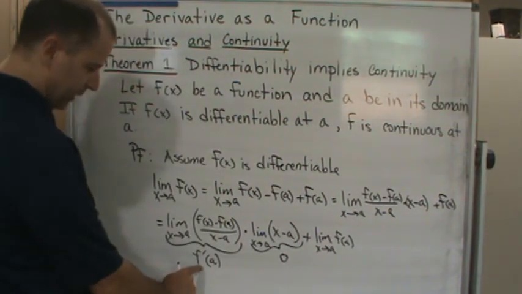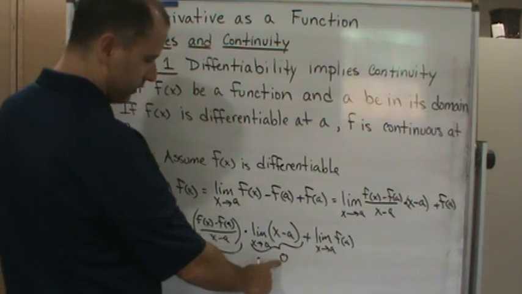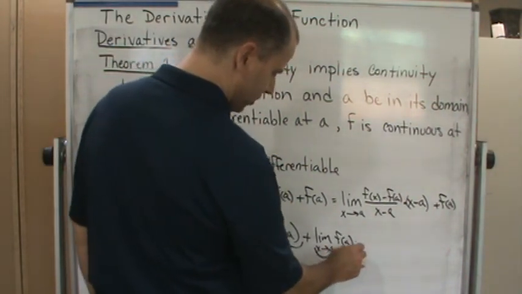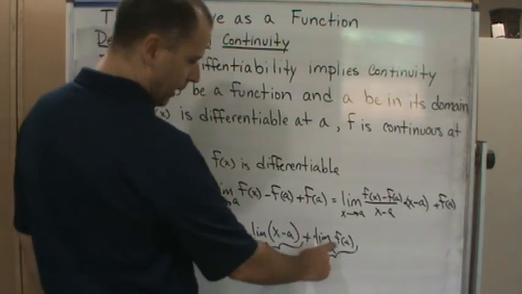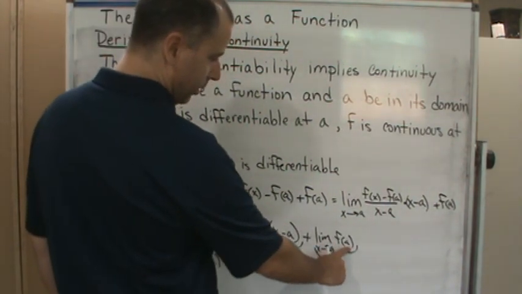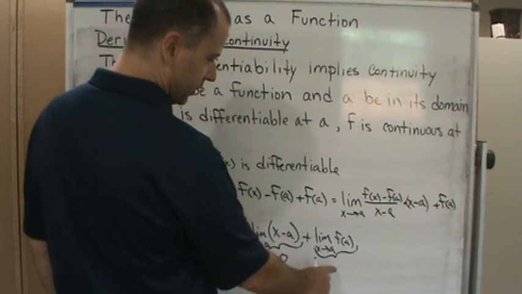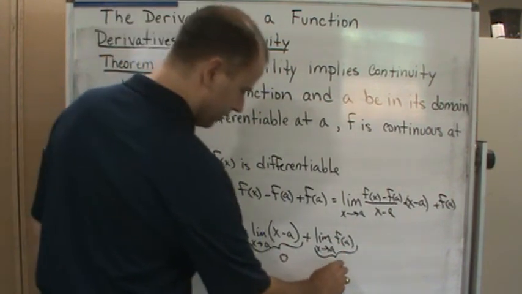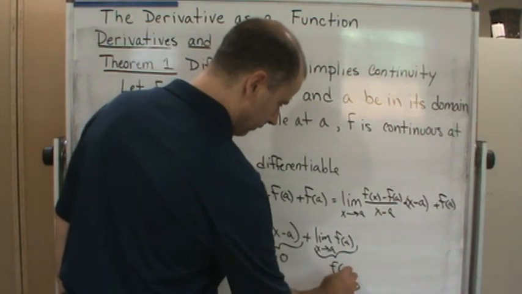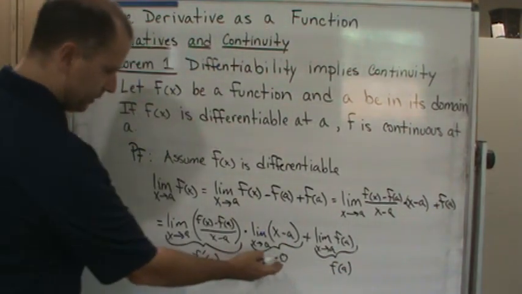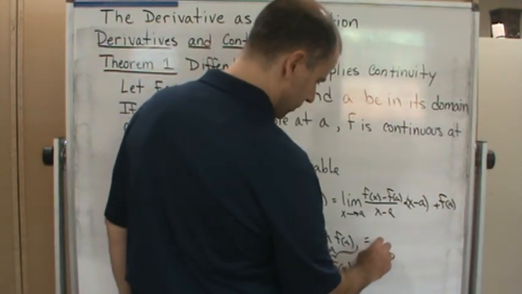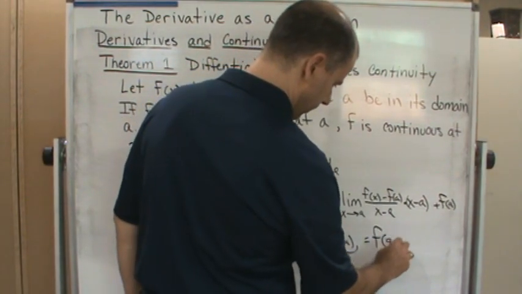So now you get f prime of a times 0 plus, and then what happens to this? Well, this is just a constant, right? If you're evaluating a function at a real number, you're just going to get a constant, and the limit of a constant is that constant. So this is just going to be f of a. Well, guess what? This times this is 0 plus f of a gives you f of a.